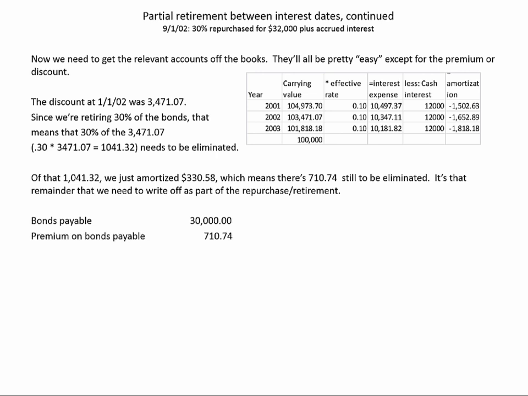We get rid of the remaining premium associated with those bonds. Again, we're also satisfying the interest payable that was accrued as part of this process. We write our check for $32,000 plus accrued interest, $34,400, and again the difference is a gain or loss on retirement. In this case, a loss of $1,289.26.